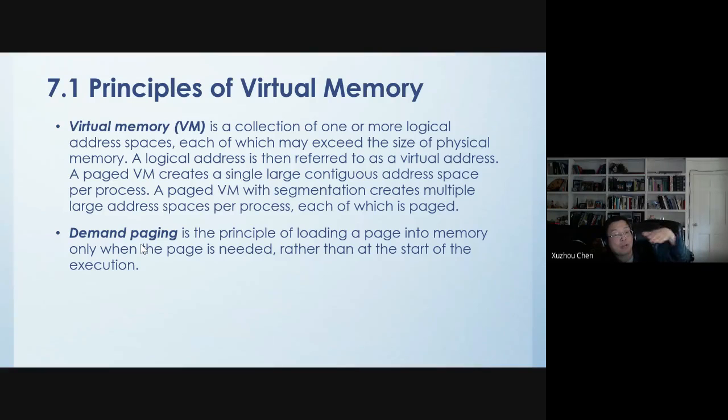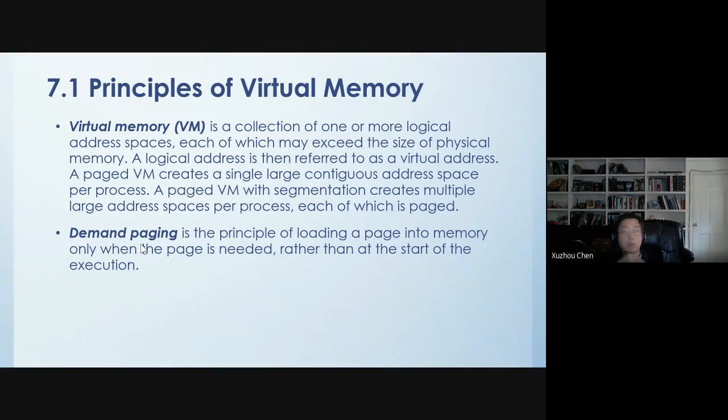So the first instruction of the program is always at logical address 0. But when we load the program into physical memory, logical address 0 may not be 0 anymore. It could be anywhere in the physical memory.